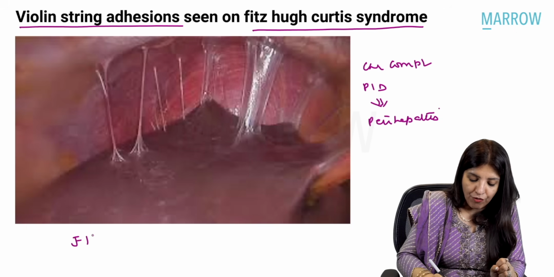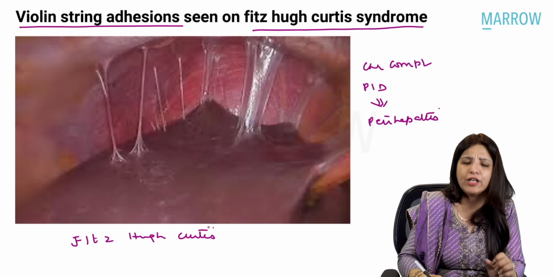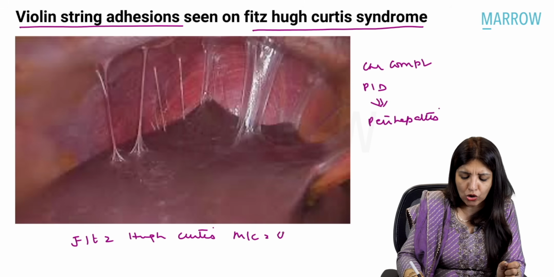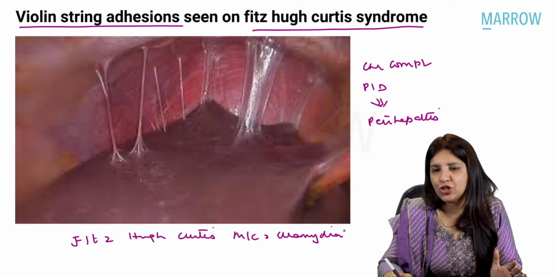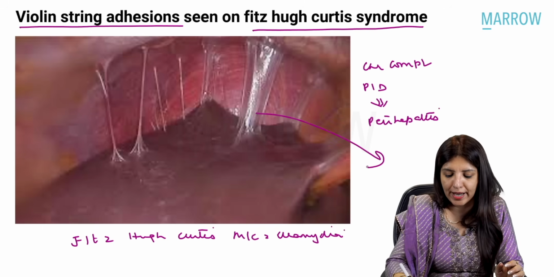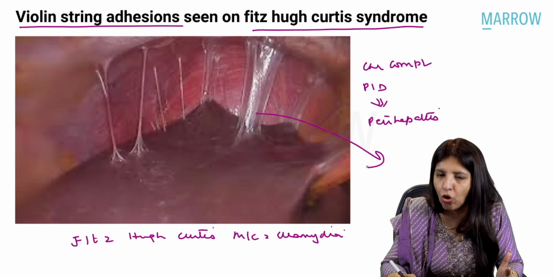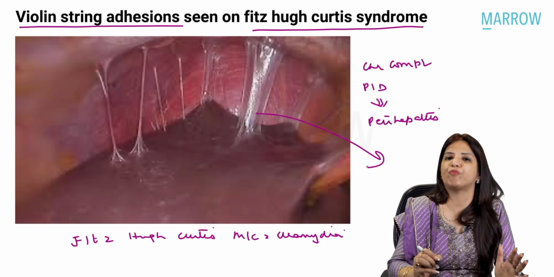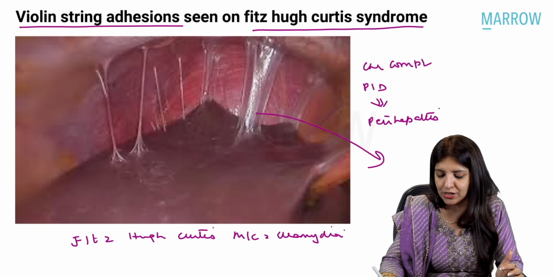Please remember, Fitz-Hugh-Curtis syndrome can be seen in any kind of PID, and it is more common with chlamydia. Right? So this is a long-term complication of PID where you are getting violin string adhesions between the liver and anterior abdominal wall, and these adhesions are happening because of perihepatitis, and this is what is called Fitz-Hugh-Curtis syndrome.